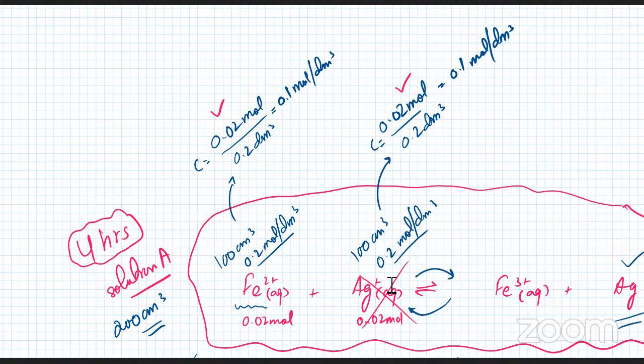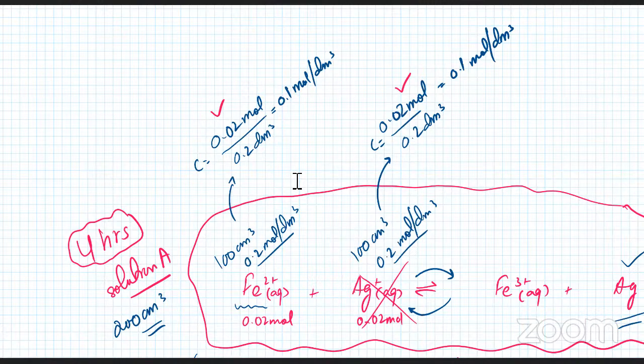And now the problem is that if you mix them together, the volume has changed. It's no longer a 100 cm cube solution. 100 cm cube has mixed with 100 cm cube, so your new volume is actually 200 cm cube. So these moles are actually in 200 cm cube. Is this idea clear?